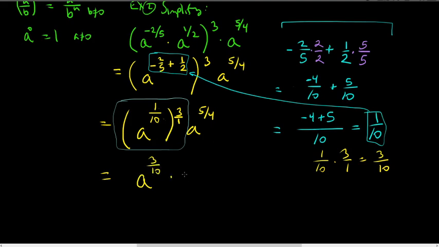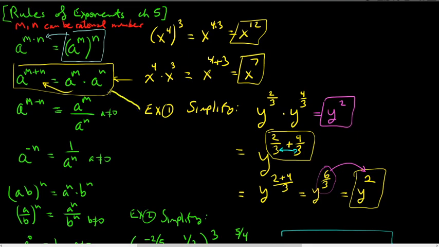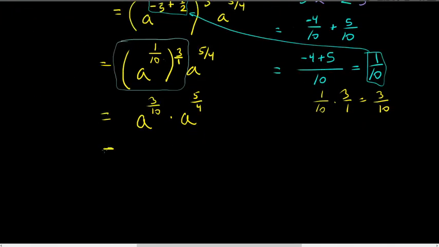Now we have to multiply by a to the power 5 over 4, and I'll write it this way again. Well, what rule is this? That's this rule here again, right? We've got to add these exponents.